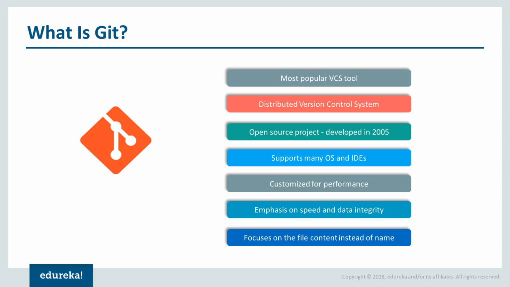And the last one is that unlike some version control systems, Git is not fooled by the names of the files. What it means is that when determining what the storage and version history of a file should be, Git focuses on the file content itself. So we're not just relying on the history, but Git will make sure that if the file has been changed, then it is reflected as an updated one.